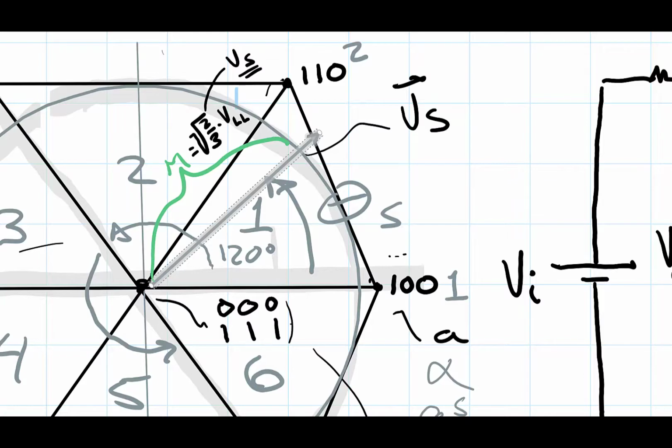But once you go out beyond the circle, what happens? You can't produce any voltage higher than this line right here, than the hex. So that limits the voltage that you can produce, and it's related to the DC link voltage.